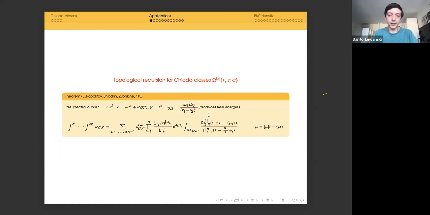But the important part is that now the actual number that you produce is the integral over M g,n bar of the Chiodo class, r, s, and your parameters a i are related to the remainders modulo r of the mu i's. So the point of this slide is that we now know, since a little while, what is the right spectral curve to give to the topological recursion theory in order to obtain the intersection theory of Chiodo class. So we can control Chiodo class with topological recursion. That's the moral of the slide.